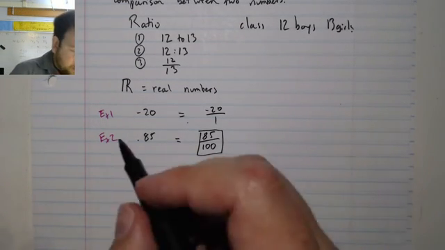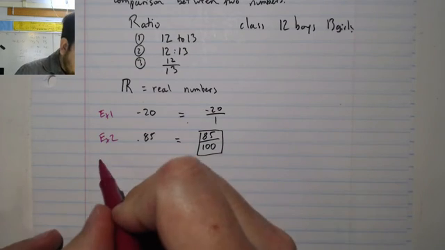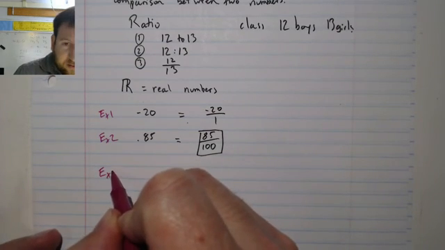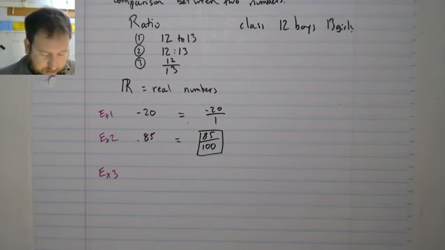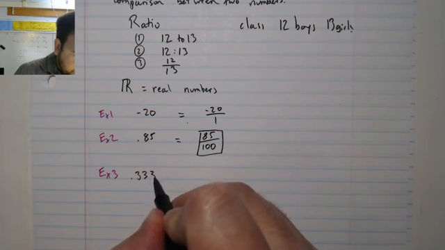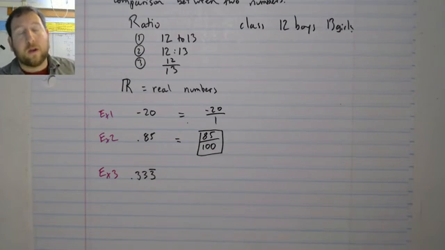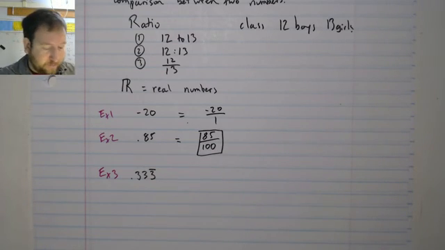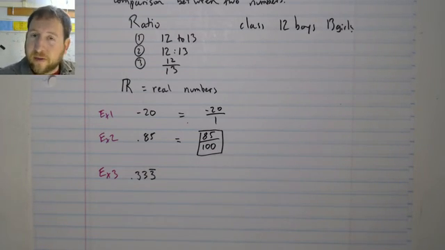Let's talk about another number. Example 3. Let's take this number, 0.333 repeating. Oh, well, this can't possibly be a rational number. But in fact, it can.